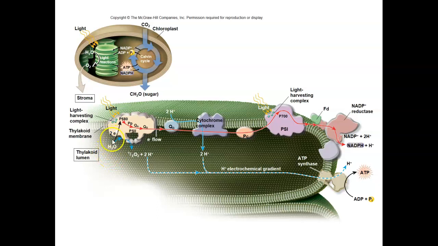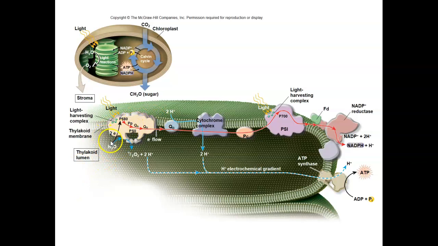Now, the electrons from the water molecule are in a low energy state, and those electrons are going to reside with a protein, or a chlorophyll, I should say, called P680. And P680 is named because it's a pigment molecule that gets excited by a wavelength of light at 680 nanometers.